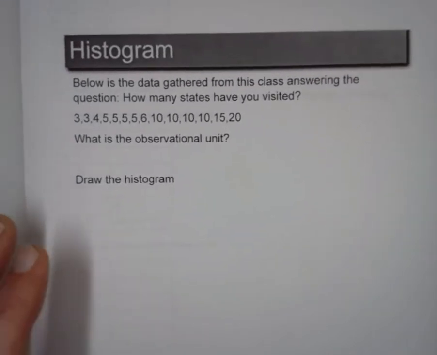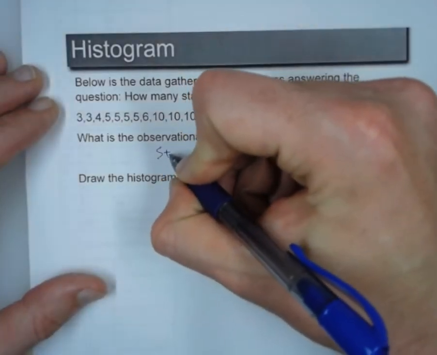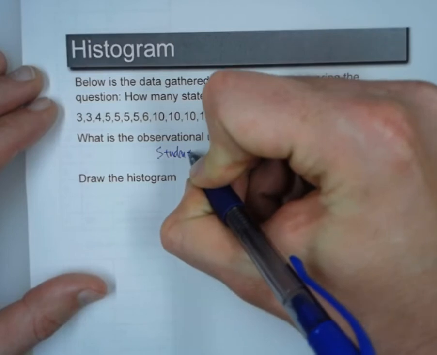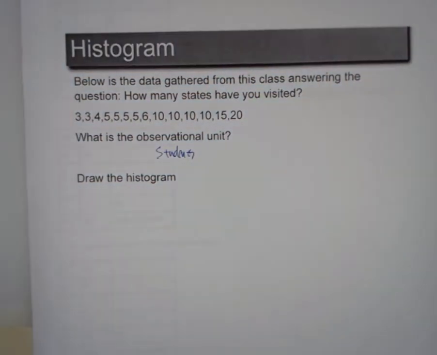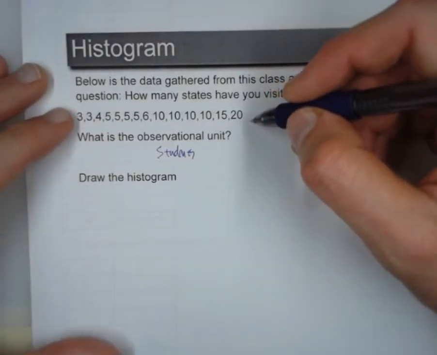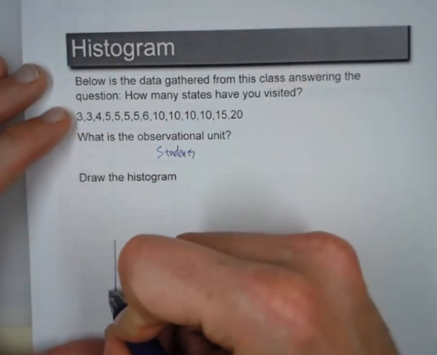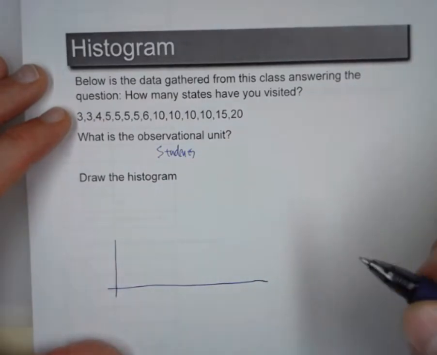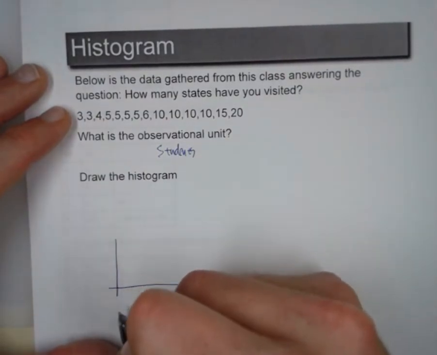Next example. Below is the data gathered from this class answering the question, how many states have you visited? So what is the observational unit? Students. Because I took it from this class. So we want to draw the histogram. So here our lowest is 3 and our highest is 20. So what I'm going to do is I'm going to go by 4s.